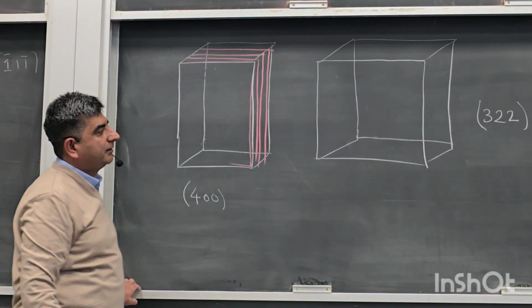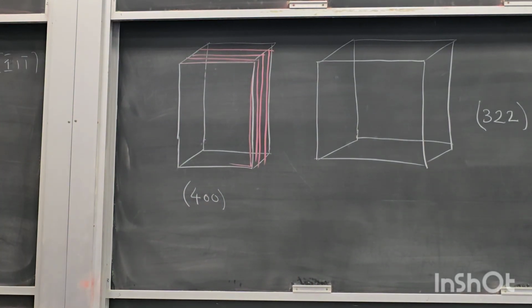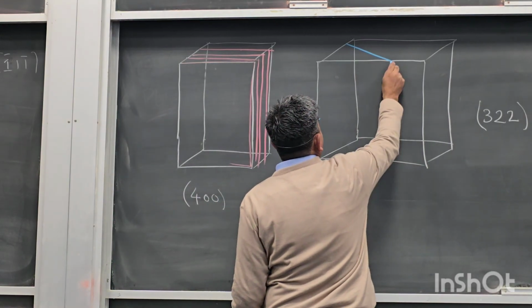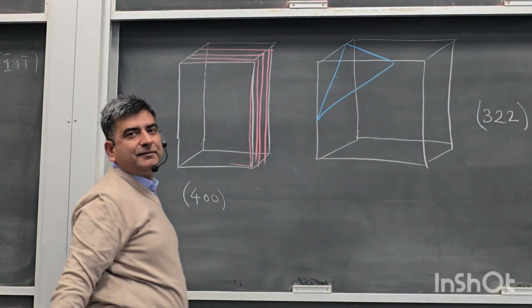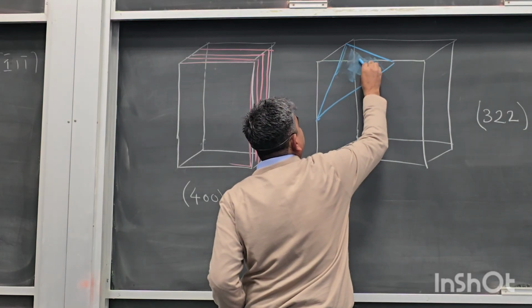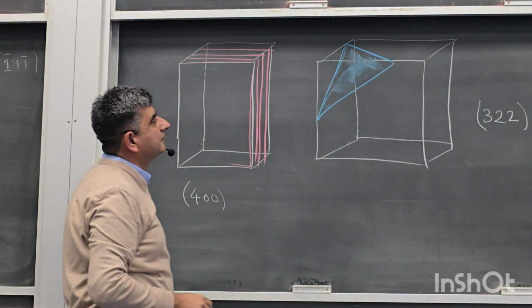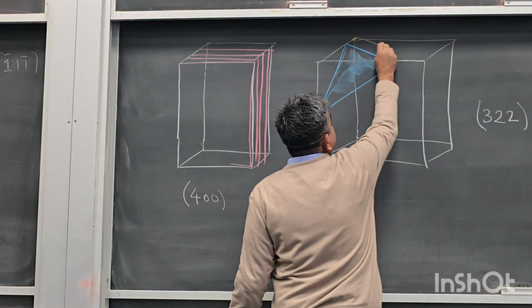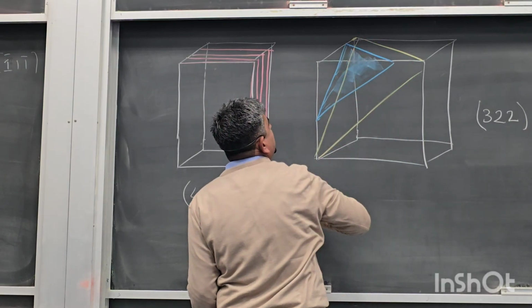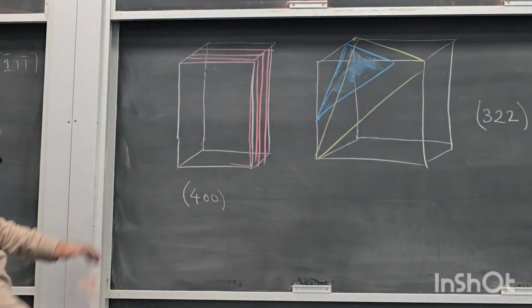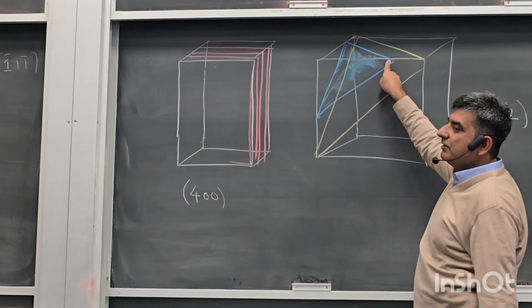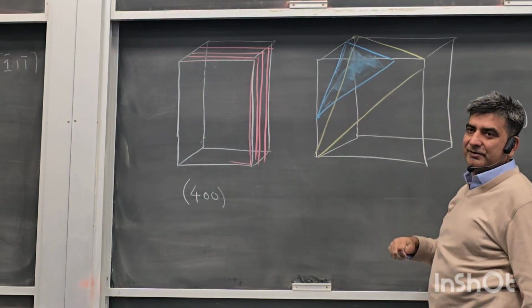And you try to draw the 322 plane. So this family of planes in this orientation will be the 322 planes, because this distance is 1/3 of A, this distance is 1/2 along B, and 1/2 along Z. 322.